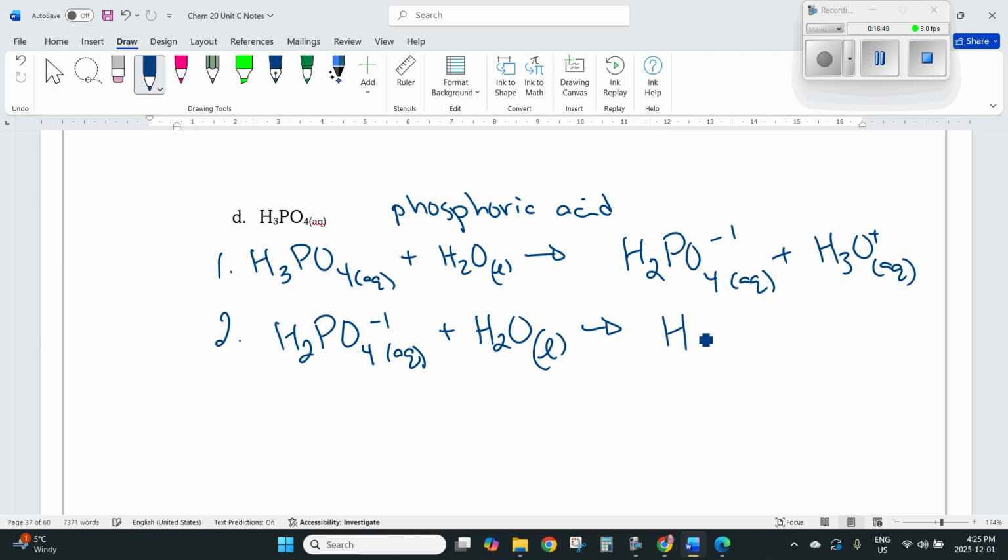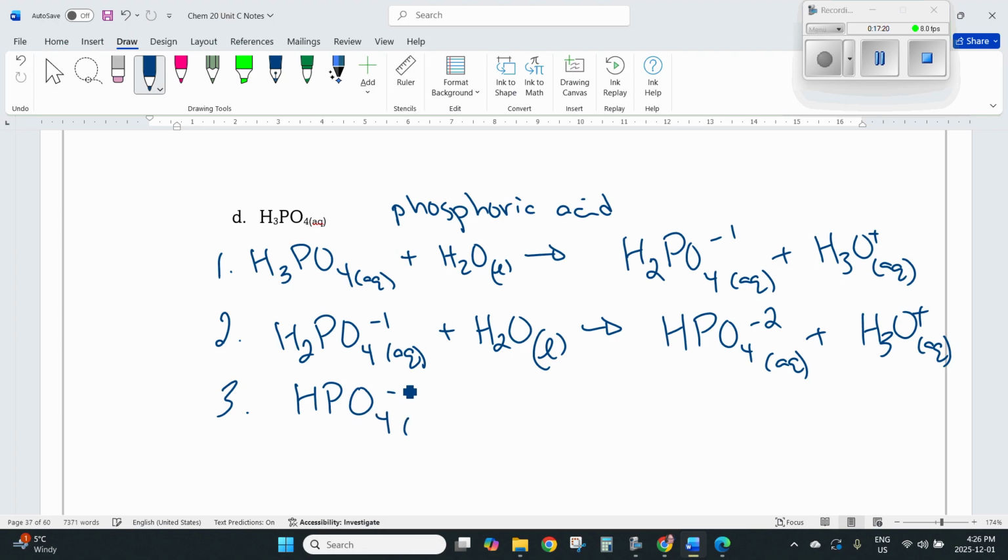So I'm going to take 1 off, HPO4 minus 2 now, because you're spending another dollar you didn't have, aqueous plus H3O+ aqueous. Do I have all my hydrogens gone? No, I don't. I have one still there. So that means I have a third step. HPO4 minus 2 aqueous, reacting in the presence of water.